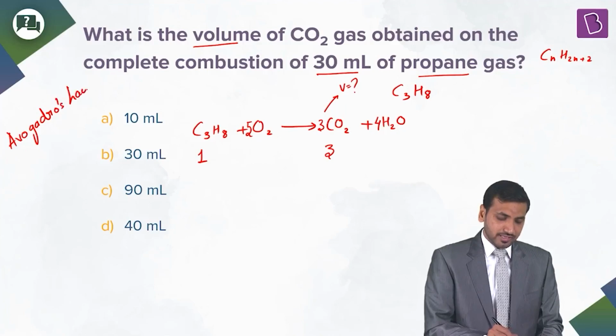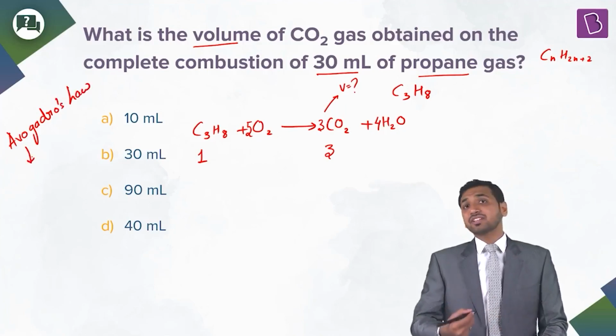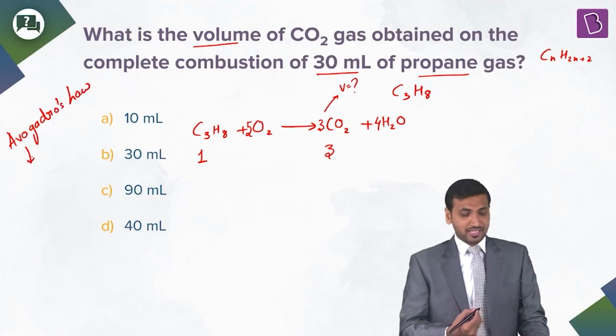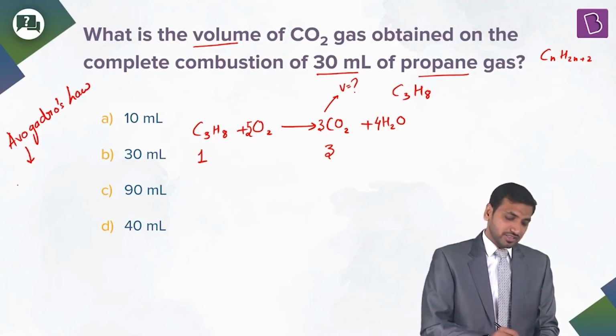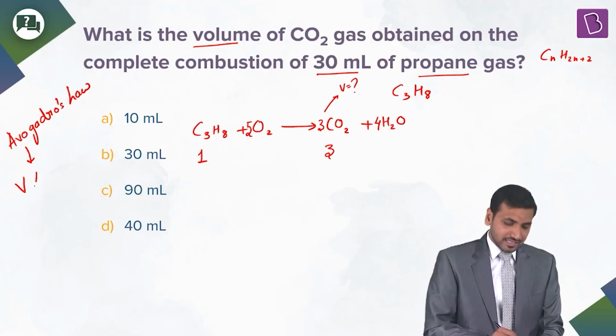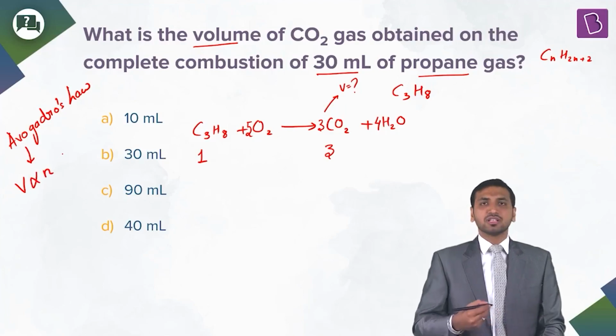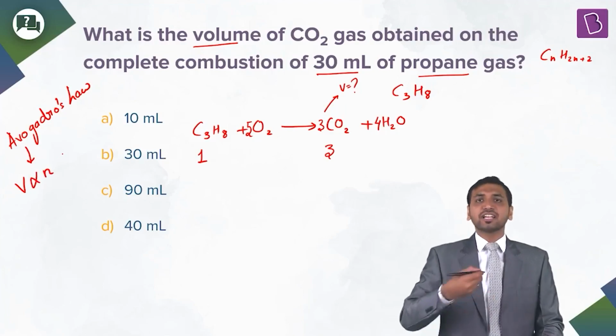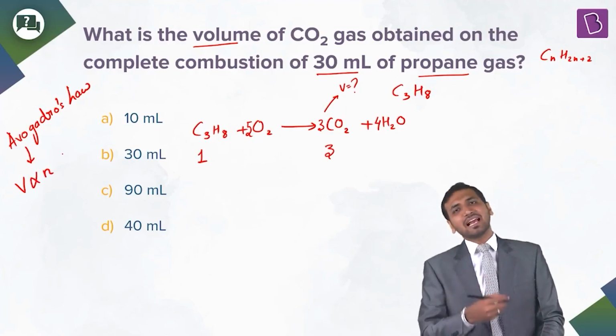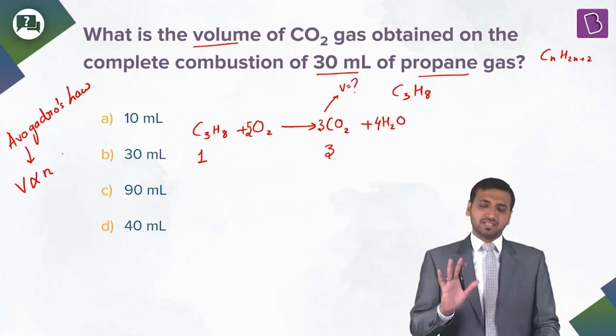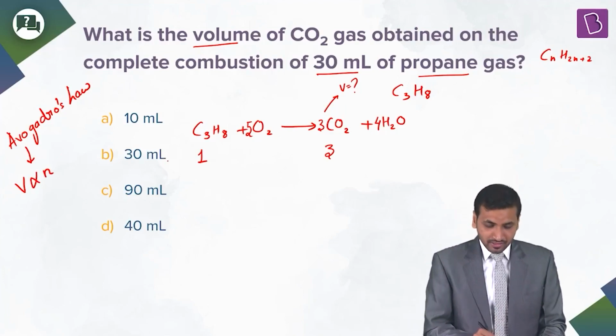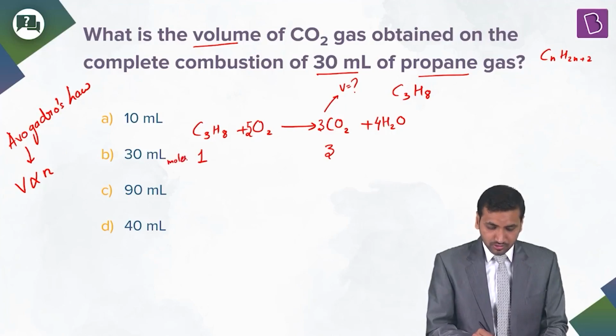Avogadro's law says that if pressure and temperature is constant, then volume is directly proportional to moles. The calculation that you do with moles, same calculation can be done with volume as well, right? So here we were talking about moles.